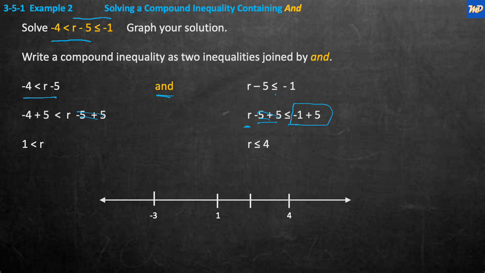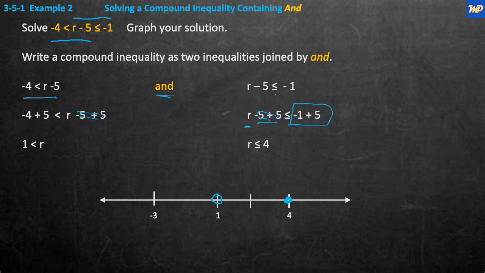Here's 1, and it's less than, so we're going to have a circle on it. And the other one is a positive 4, and r is less than or equal, so we're going to put a dot on the 4. We can do that ahead of time. So now we have a circle and a dot.